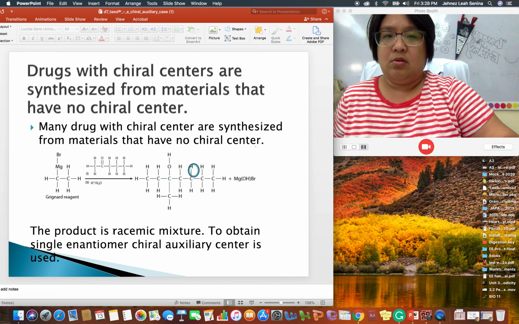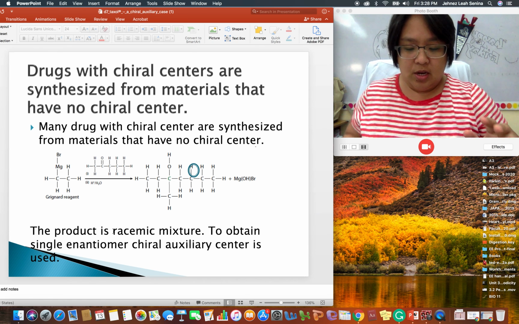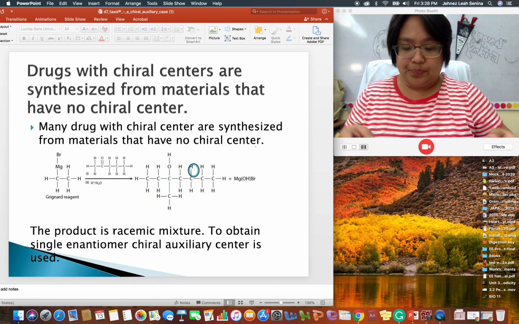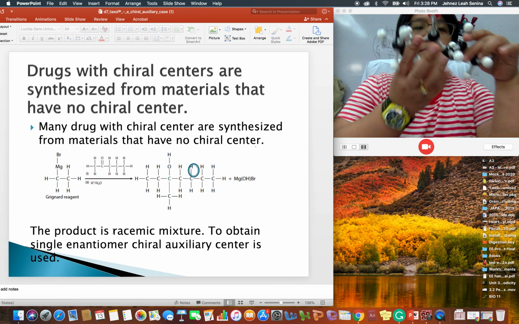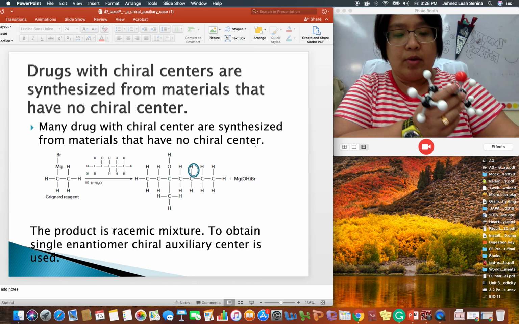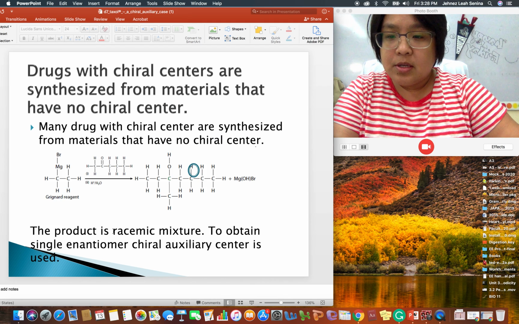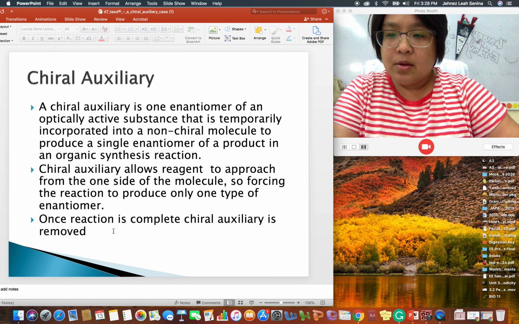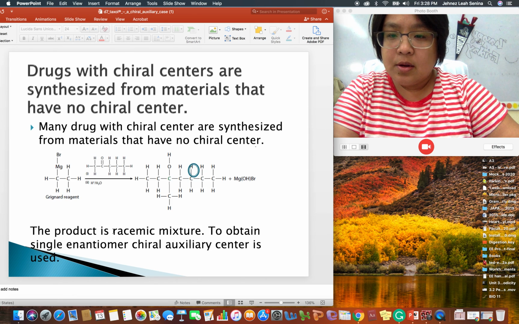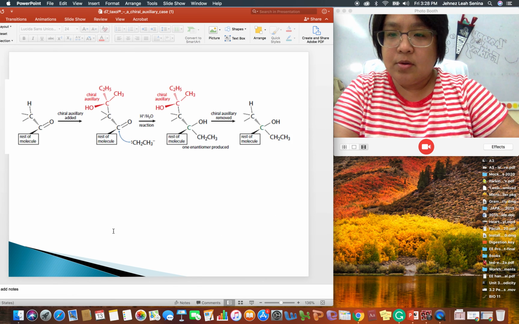mixture. I'll try to explain it using molecular models. So for example, this molecule right here. Let's see. Sorry. Where did my slide go?